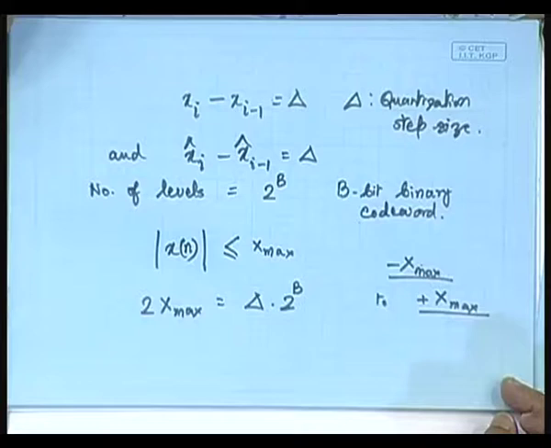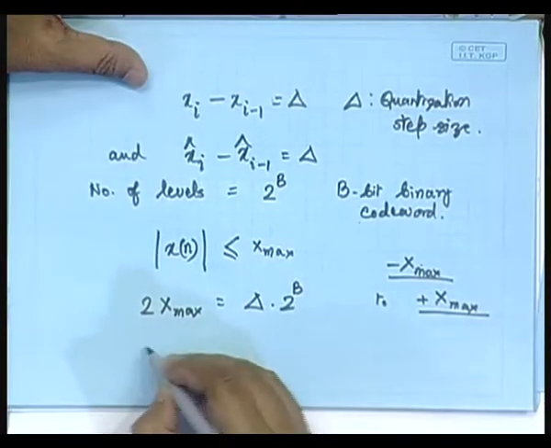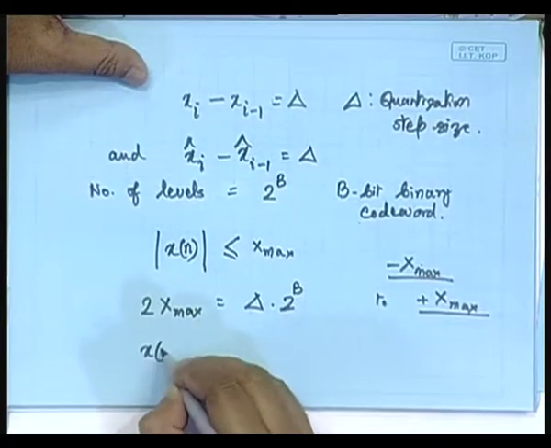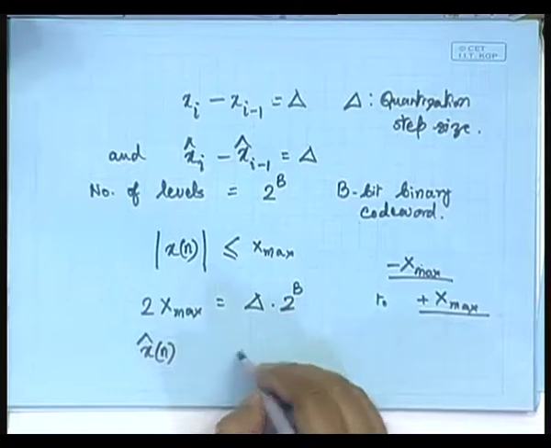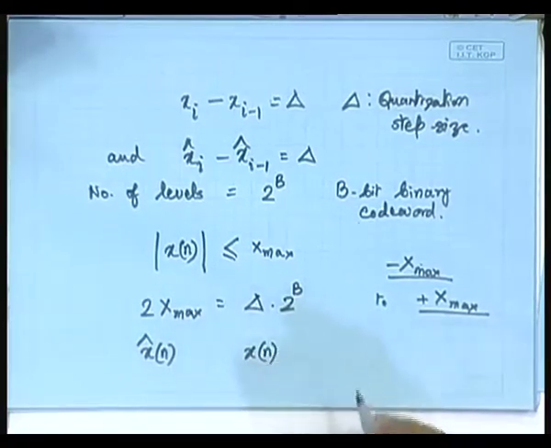Now, the individual quantized samples we will be calling x cap of n, so corresponding to the sample x of n, its quantized value is going to be written as x cap of n. Now, x cap of n will be equal to x of n only when there is no quantization error.